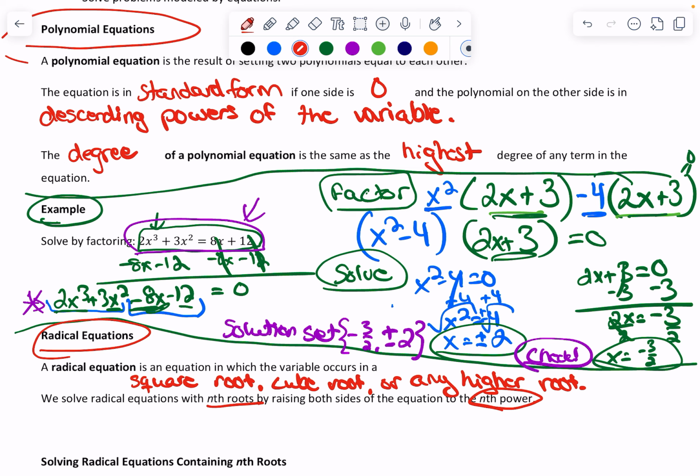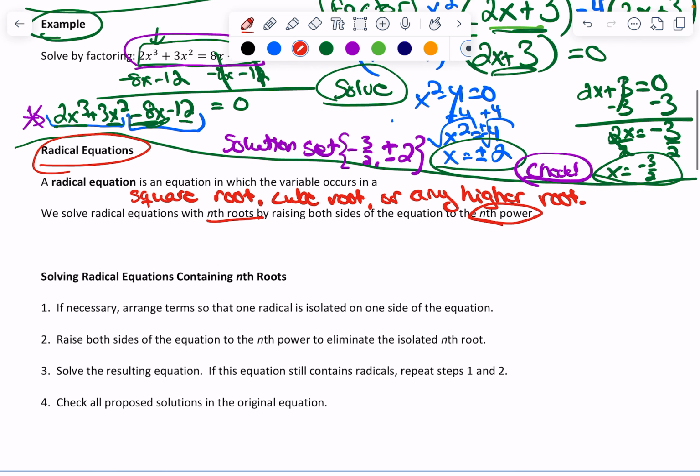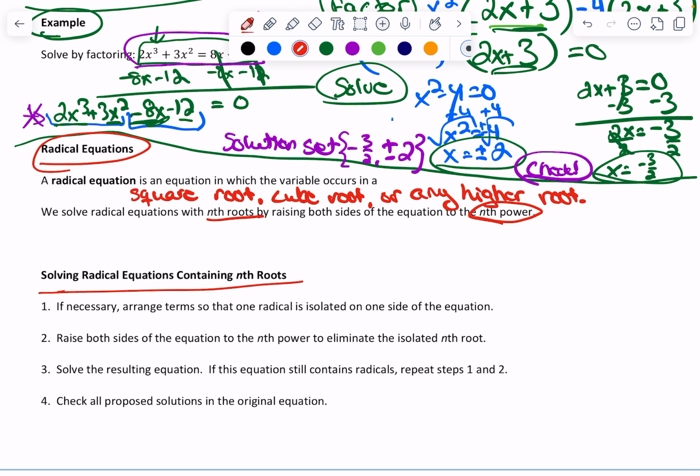Okay, so the steps to solve a radical equation containing nth roots. So again, if necessary, arrange terms so that one radical is isolated on one side of the equation. Second step, raise both sides of the equation to the nth power to eliminate the isolated nth root. 3, solve the resulting equation.